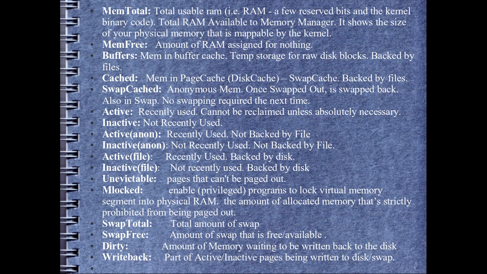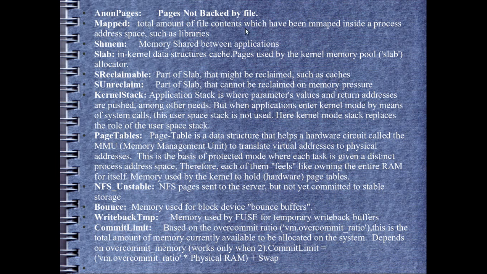So it means the file is still to be flushed to the disk. It means there is some difference between the actual file and the file which is present in the page. Writeback, this is the amount of memory that is presently being written to the disk or swap. AnonPages, they are not backed by a file.